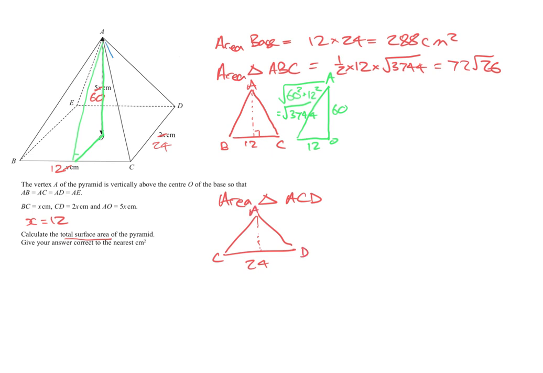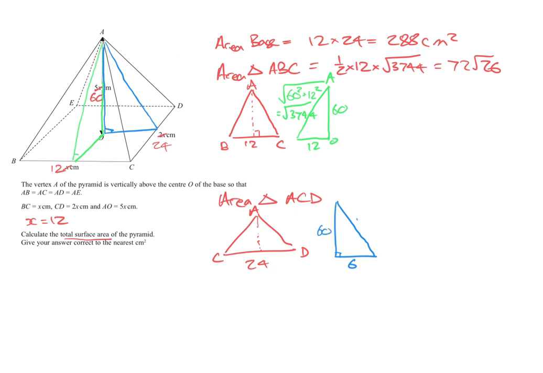So I need the perpendicular height, so the diagonal length there. So I need to create a right angled triangle here, again from the center. Do that one in blue. And I know the base of this triangle will be 6 because it's going to be half of the length BC. And the height is still going to be 60 because this is the height of my pyramid.